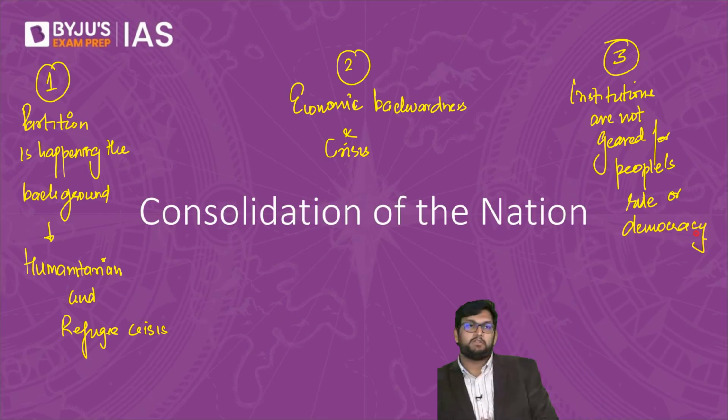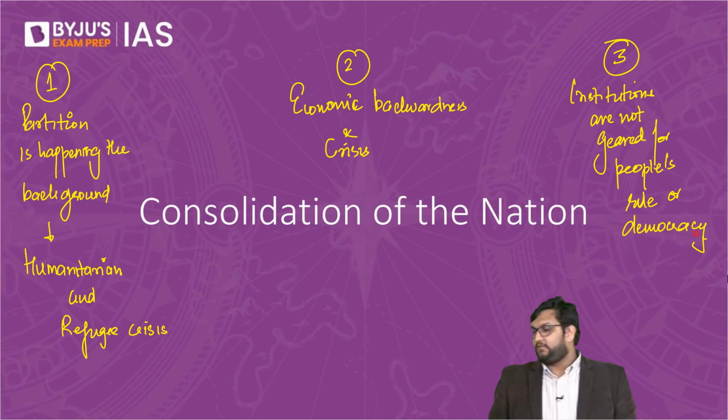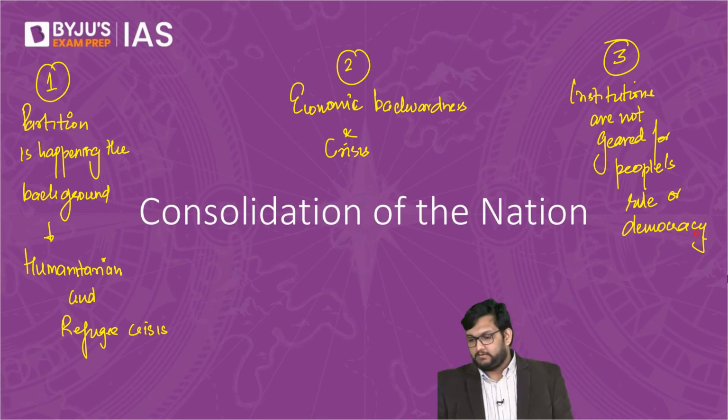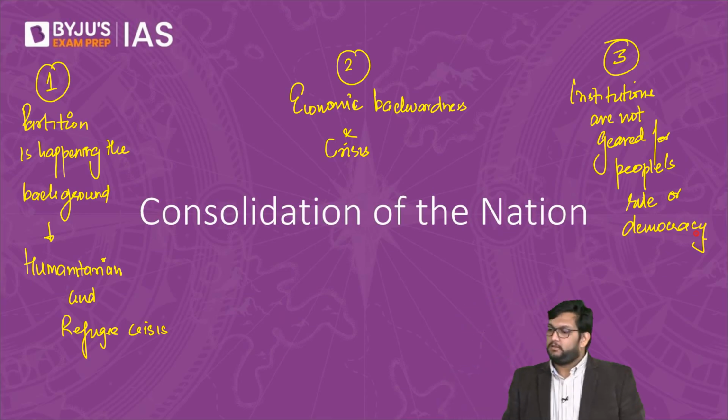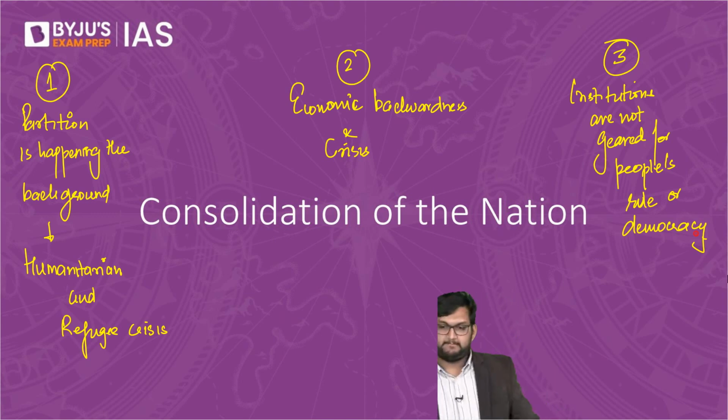So if they ask you the challenges of the nation or the challenges in front of the nation as soon as it got independence, will you be able to write about these 3 points? You will be? Okay.